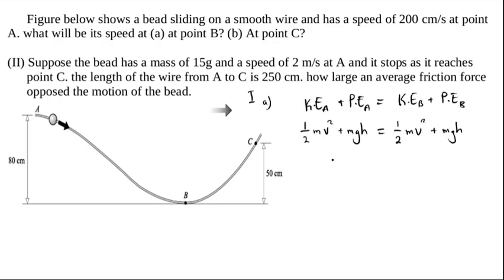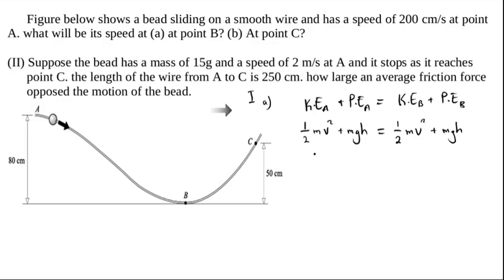So, kinetic energy at A, we're told has a speed of 200 centimeters per second at A. Since we've not been given a mass, we can divide throughout by mass. Mass can cancel out.